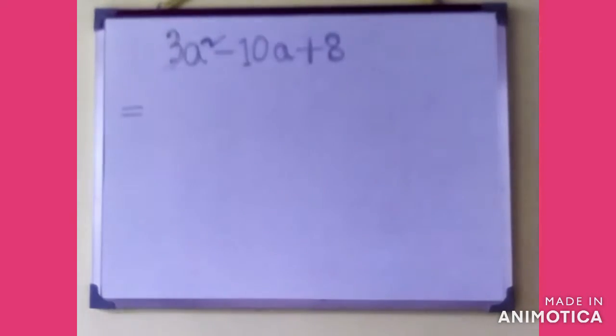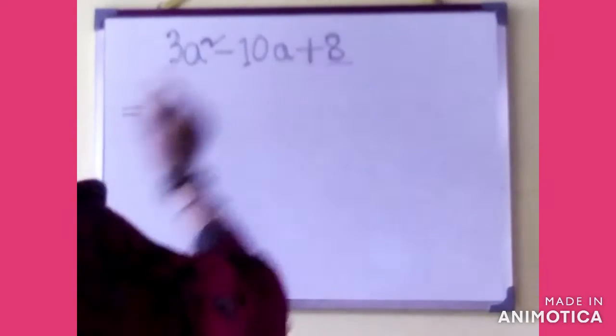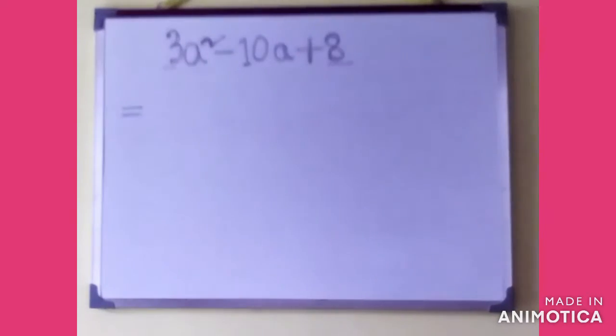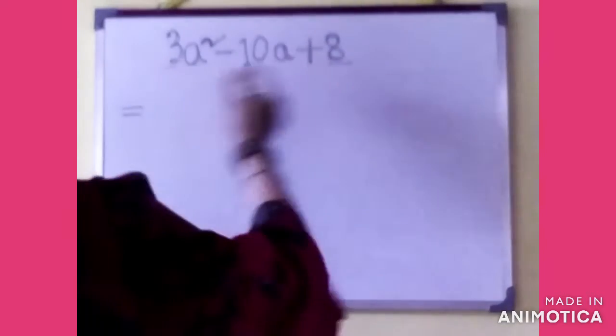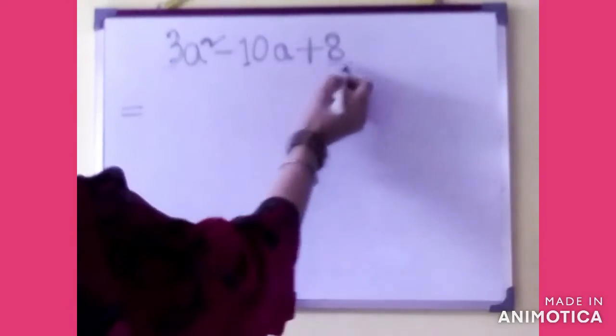So now 3 is the coefficient of the highest power term and 8 is c. So according to this we will do a into c. If this is a, then this is c.